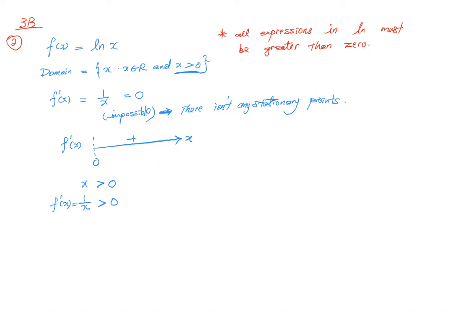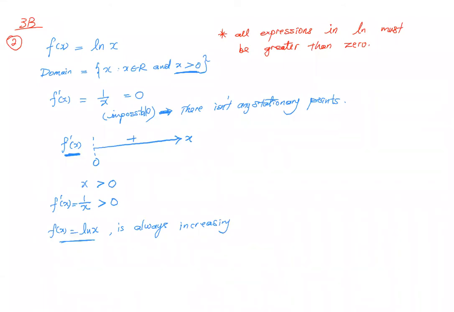So therefore, the conclusion is f x equal to ln x is always increasing.